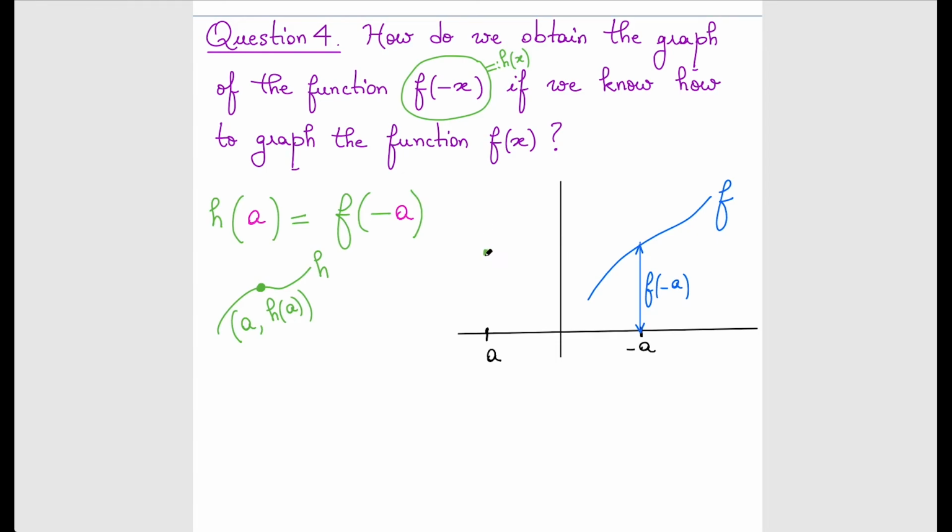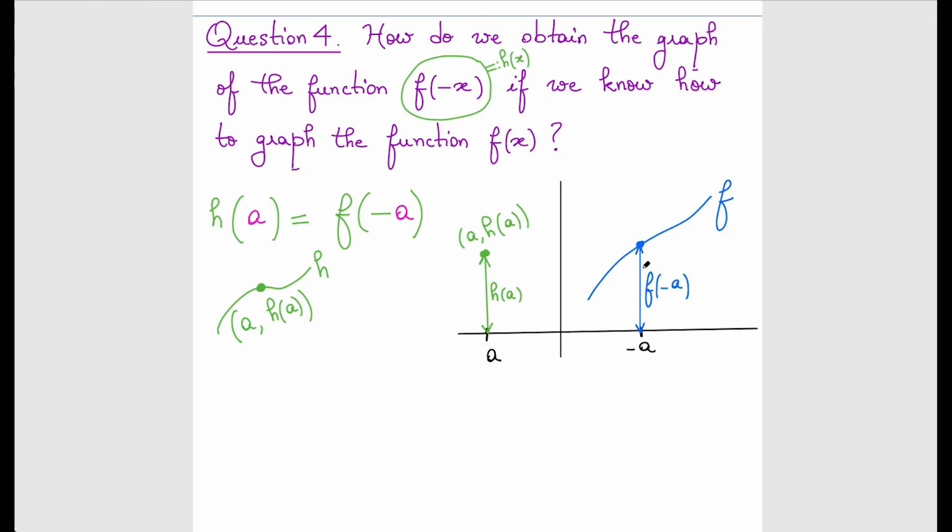So that's the height that h is gonna produce at a. So that's h of a. So h of a is f of negative a. That's f of negative a. So h of a should be the same height. Okay? So that's the point I was looking for. That's the point whose first coordinate is a and belongs to the graph of h. So h of a. And how is it related to that blue one then? They are symmetric with respect to the y-axis.